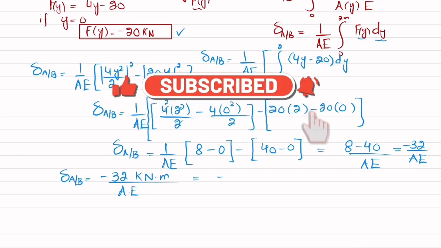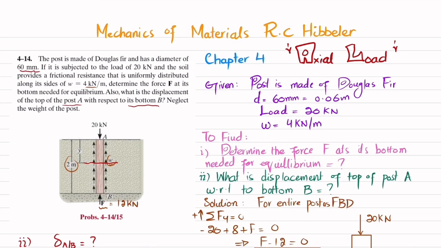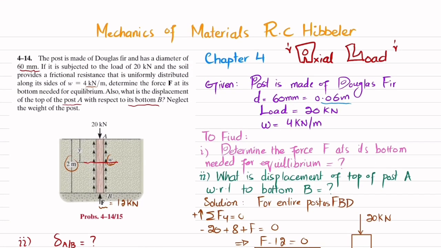So minus 32, we will remove this kilo, so 10 raised to power 3 Newton into meter. The area of this circular shape is pi by 4 d square, and d is 0.06 square. Let me check it. You can see 0.06 meter.